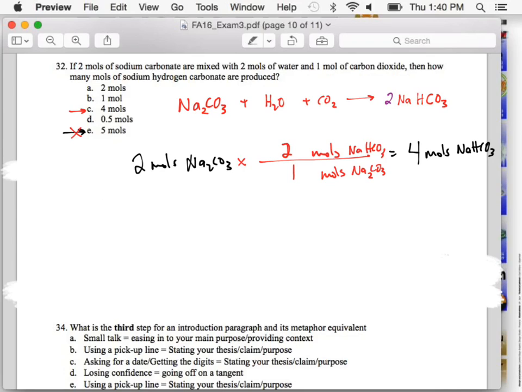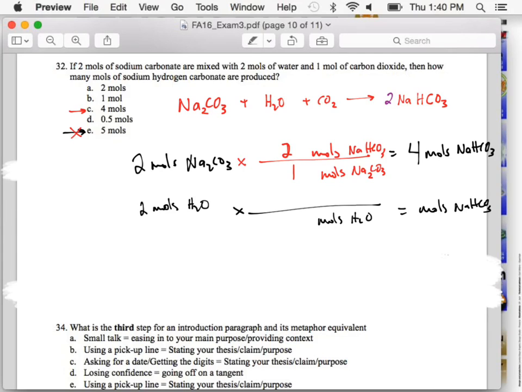I don't know if it's the limiting reactant. In this kind of situation, I have to determine what the limiting reactant is. So I'll go through and calculate moles of water. 2 moles of H2O. How many moles of sodium hydrogen carbonate could be produced?